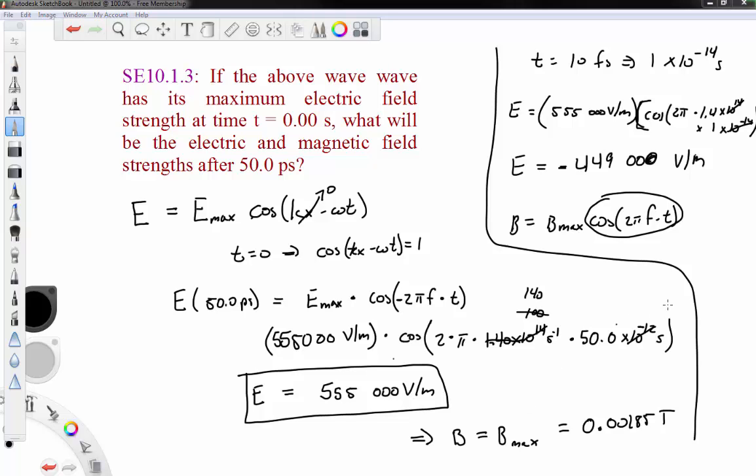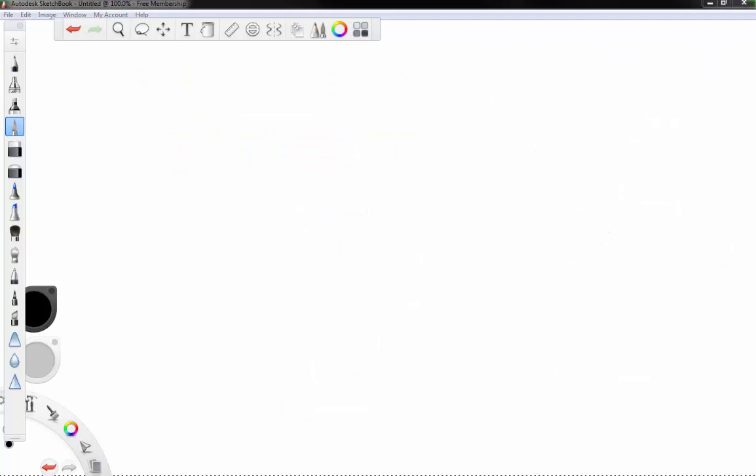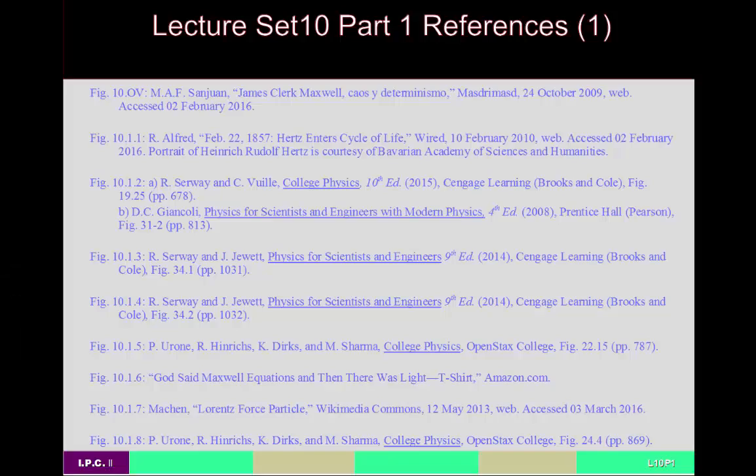And so what you'd have is that the magnetic field is negative 0.00149668, etc. So I guess that would probably actually round to negative 0.00150 Teslas. So that is your electric and magnetic field strength in a traveling wave of electromagnetic radiation.